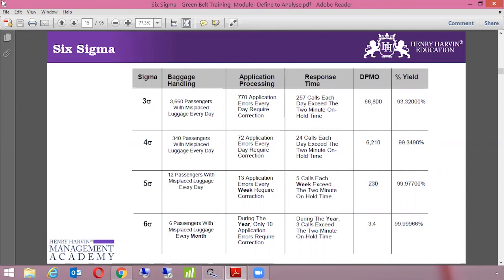We would call it a 6 sigma process when in 1 million we have only 3.4 defects. So 3.4 defects per million opportunities is a 6 sigma quality process. We also have the yield percentage mentioned here: 99.99996 is the yield percentage or accuracy percentage, and we would call this a 6 sigma project.